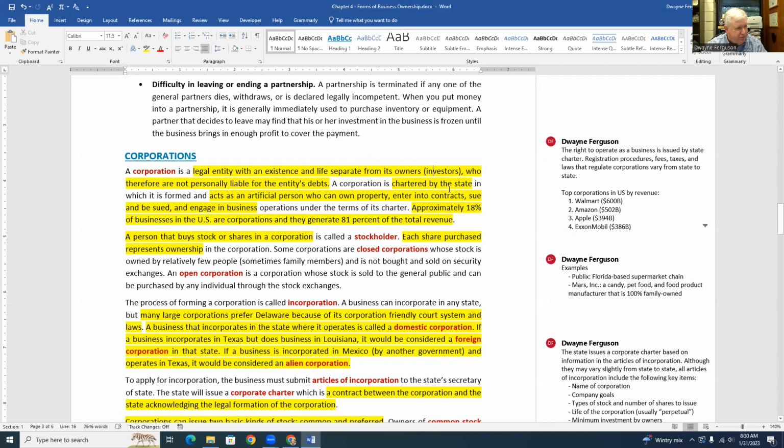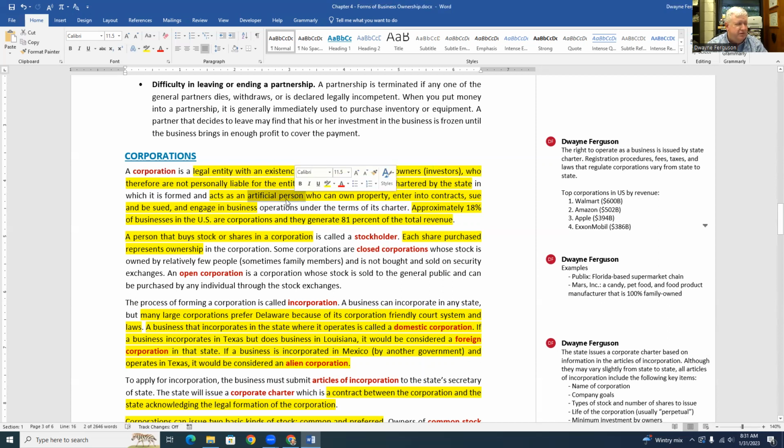Okay, so that's a little different from the owners of a sole proprietorship or the owners of a partnership. So a corporation is chartered by the state you're in, and each state has their own set of regulations and things to do to obtain a charter from the state. Of course, you'd have to work with the SEC, Securities Exchange Commission, if you want to offer stock in your business, sell stock. So this is the thing I wanted you to see: it's an artificial person.